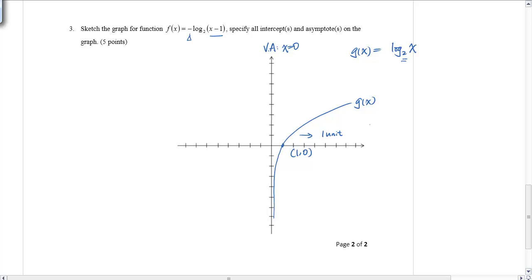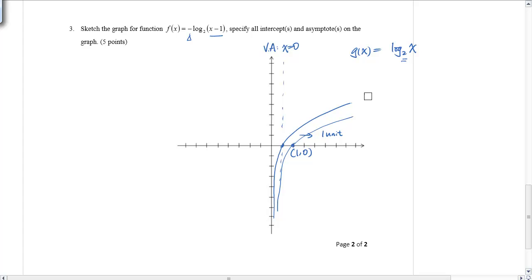Therefore, first, this graph is shifted to the right by 1 unit, and it will now have a new x-intercept, which is (2, 0). And also, it will have a new vertical asymptote, which is the line x equals 1. And then it is flipped about the x-axis, if you just draw the reflection of this graph right here.